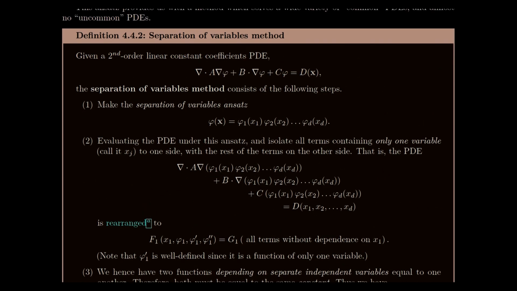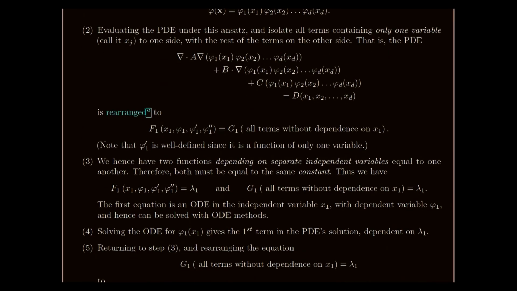If I jump back up to my ansatz, I just found an ODE depending on lambda 1, whose solution is phi1 of x1. So you just have to solve an ODE dependent on lambda 1, and the solution will be phi1.